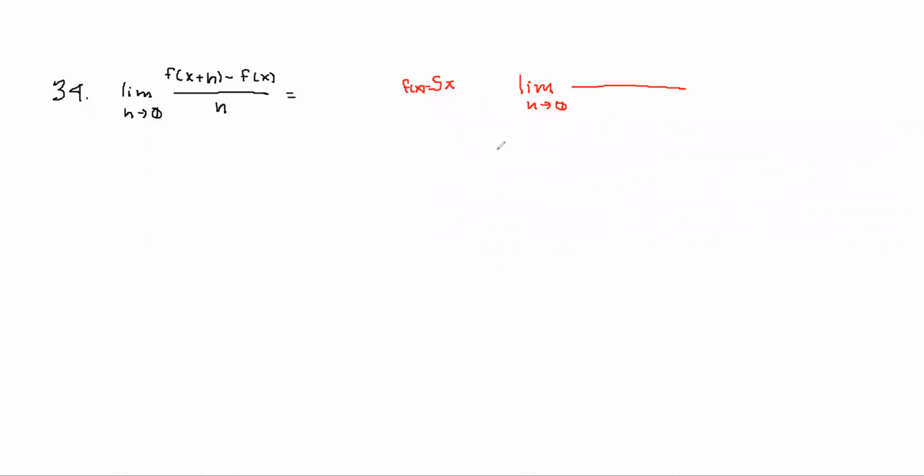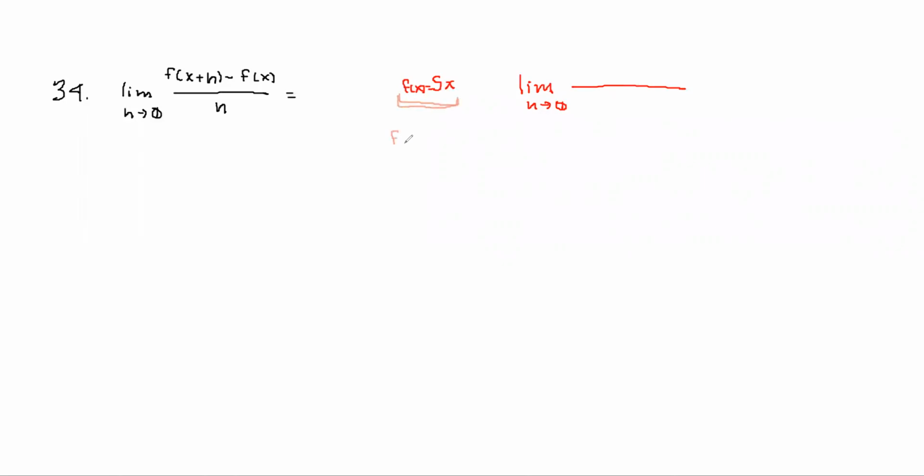Why would x be equal to 5? Would you do the simple substitution first? Basically, if we have this function f of x is equal to 5x, right?